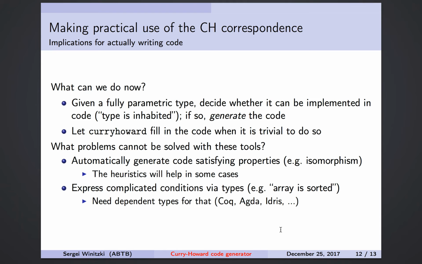And what is something we cannot do with these tools? We cannot automatically generate code that satisfies some non-trivial properties, such as isomorphism or more complicated conditions, such as array must be sorted or number must not decrease or something like this. So in the Curry-Howard library, I implemented some heuristics to help generate code that has a higher chance of satisfying interesting properties.